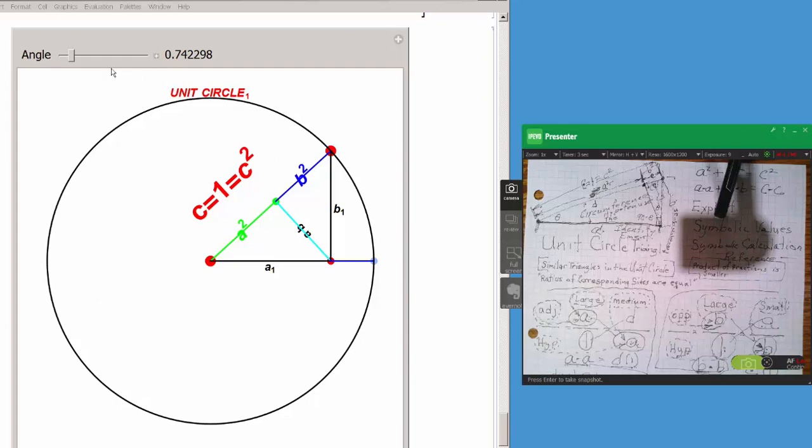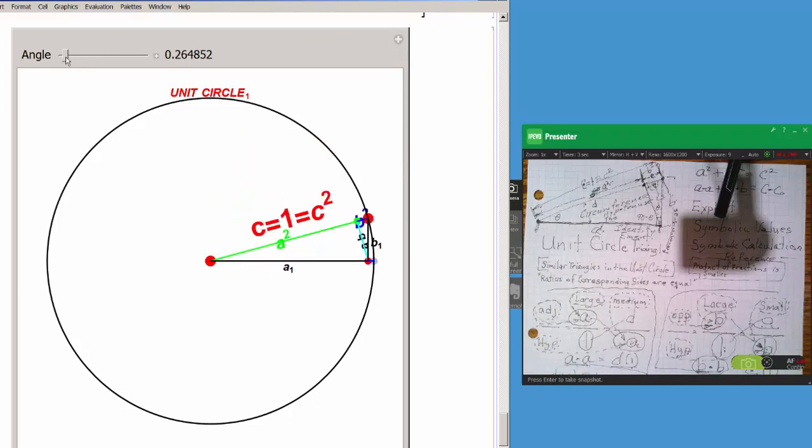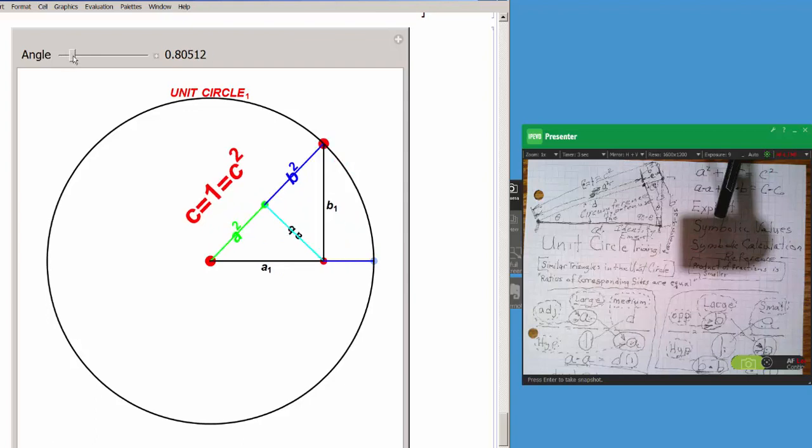I said that it's interactive, so let's see what that looks like. Okay, the angle is changing, so it gives us an intuition about what happens with the quantities on the screen.